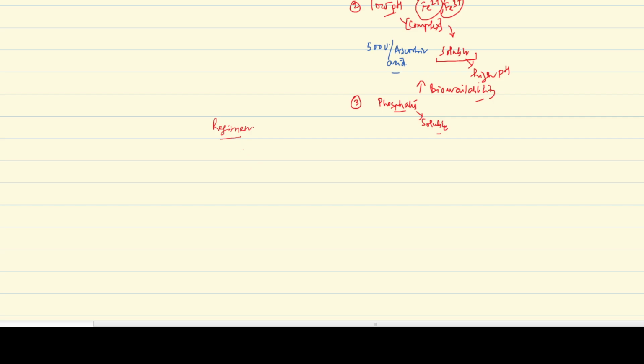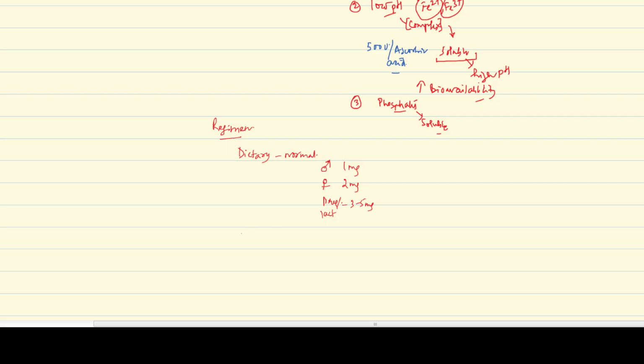Remember the dietary requirement in normal people. It's very difficult to define what a normal human being is, but in this context we're talking about people without deficiency. For them, the requirement of elemental iron is 1 milligram for males and 2 milligrams for females, and in pregnancy and lactation, 3 to 5 milligrams of elemental iron is required per day.